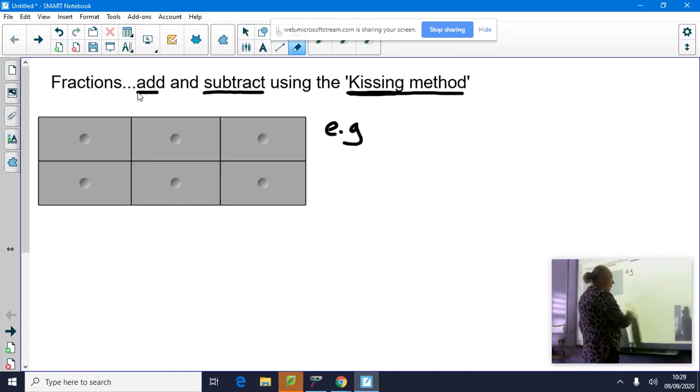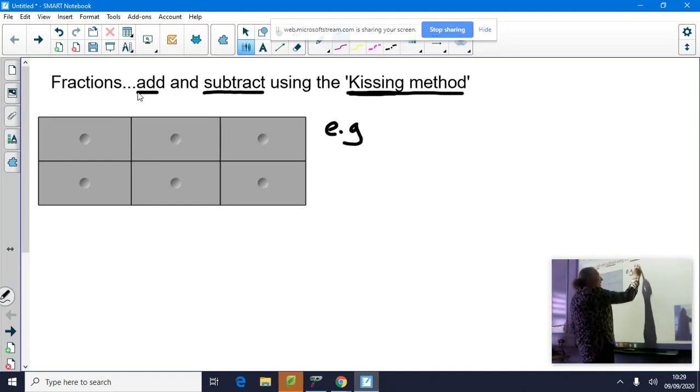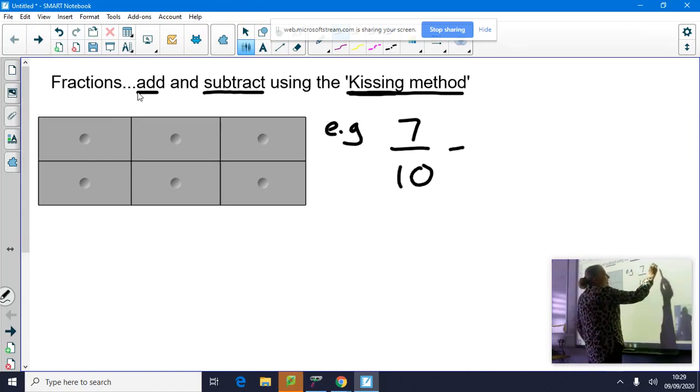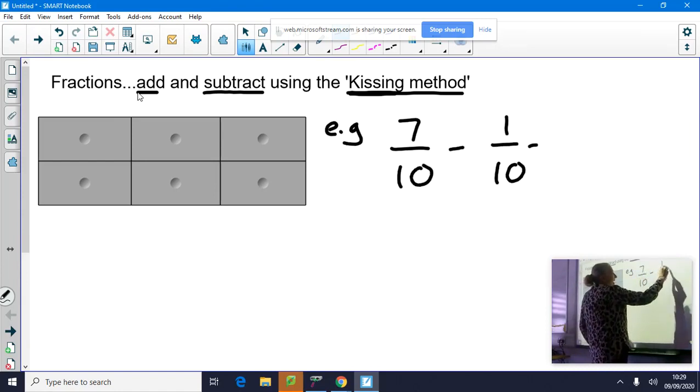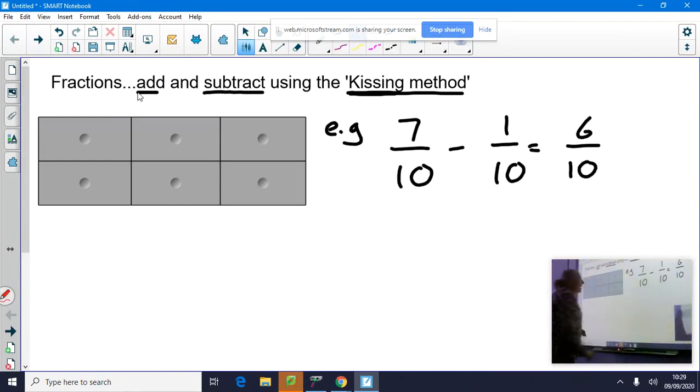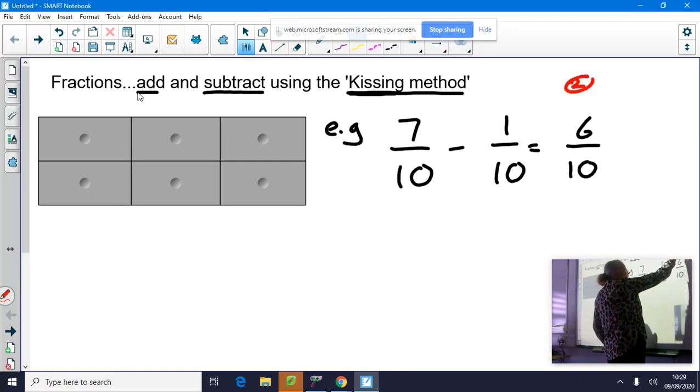I think add and subtract. We're going to do a subtract one just to show you. 7/10 minus 1/10 equals 6/10. Oh, what can we do with that? We can simplify that. Look at the simplifying a fraction video. Okay, my thinking number is going to be 2.